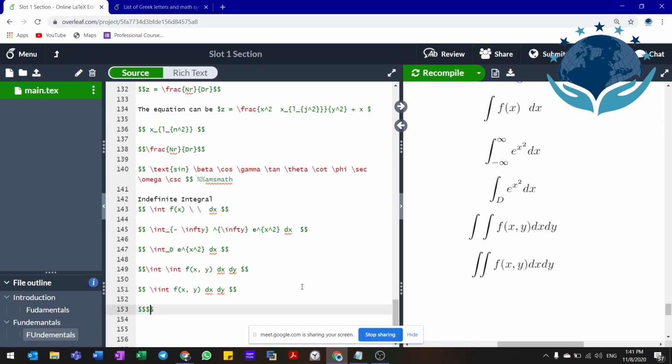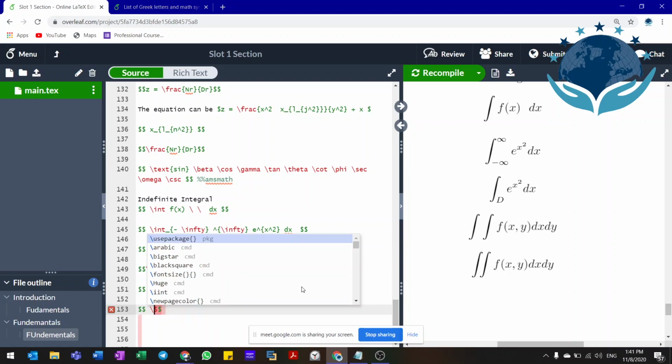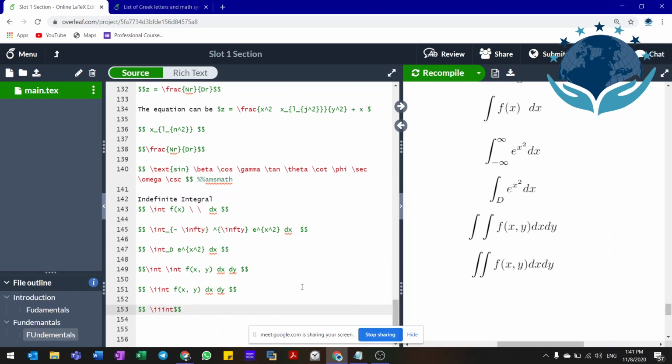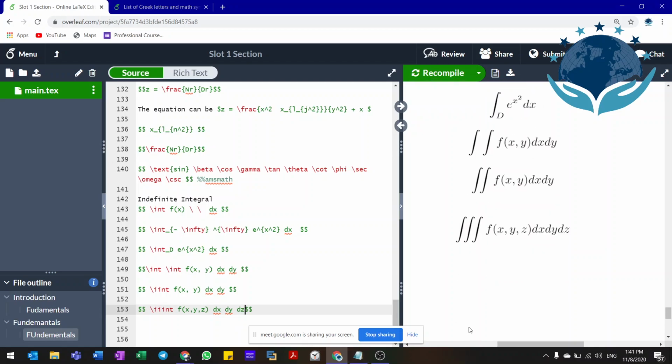Now we are going to do the triple integral. For the triple integral we also have a special character called triple int. For the double integral, double int; for the triple integral, triple int. So f of x, y, z into dx dy dz.